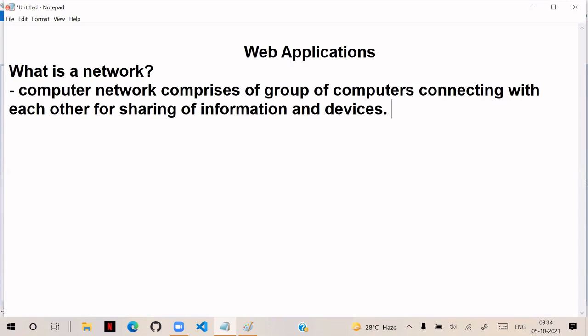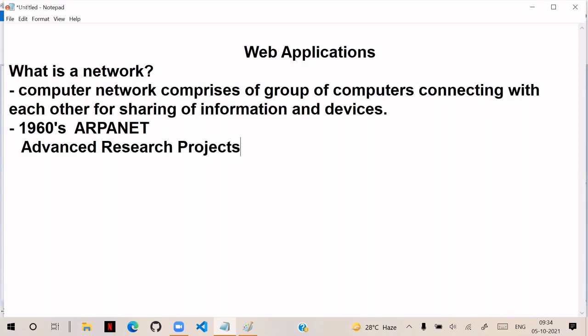Actually, the first computer network was introduced in the early 1960s. The first computer network was ARPANET. ARPANET is actually the Advanced Research Projects Agency Network.